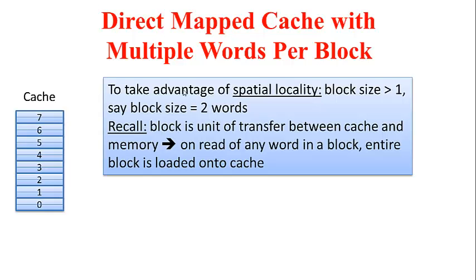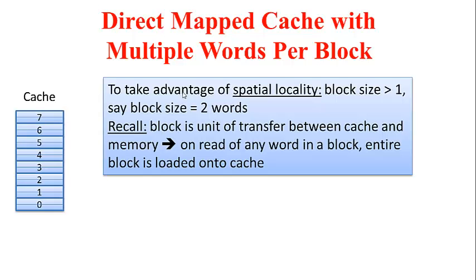Recall that block is a unit of transfer between cache and main memory. So on a miss, when we are loading a block from main memory onto cache, we will be loading the entire block of memory onto cache. So this then has the potential to take advantage of spatial locality.